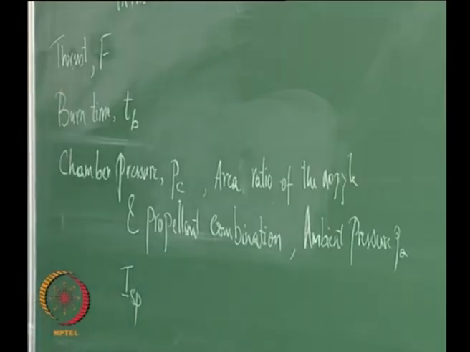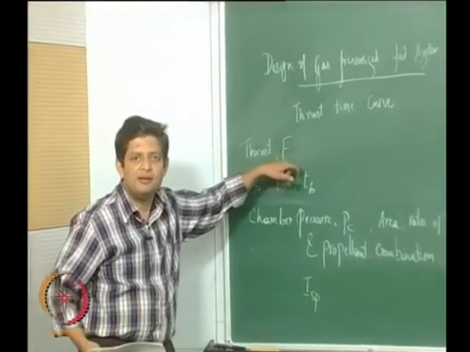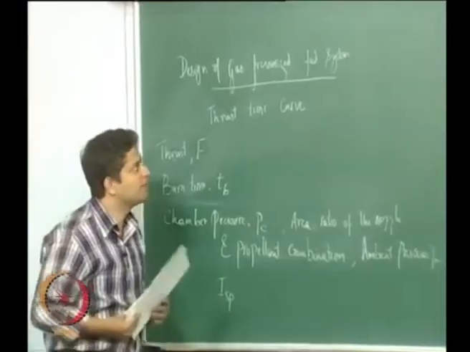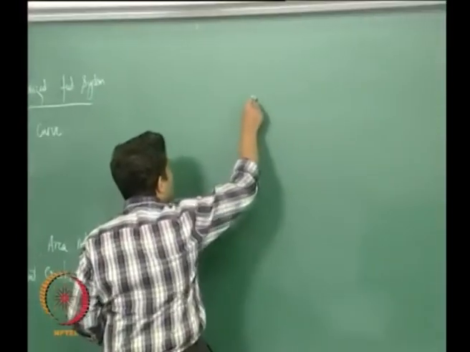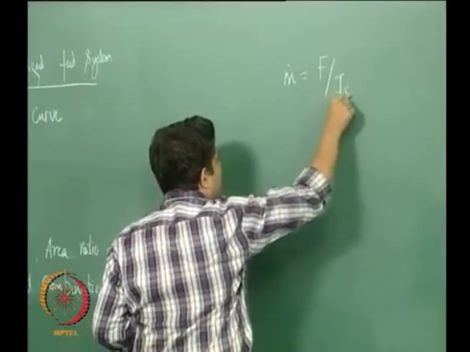If you know the specific impulse and if you know the thrust, what can you calculate? The mass flow rate through the motor, because we know that m dot is nothing but F by Isp.